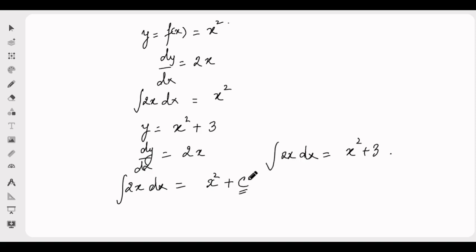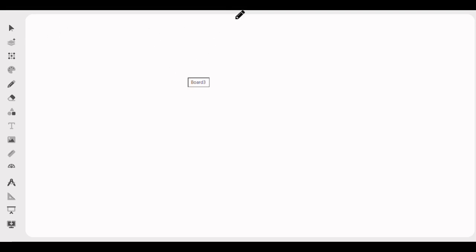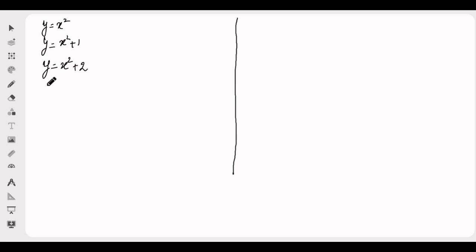Let us understand why we always have to write this arbitrary constant c when we are writing the integral of any function. We will do it by this example itself. Suppose we are given the function y is equal to x square, y is equal to x square plus 1, y is equal to x square plus 2, or y is equal to say x square minus 1.